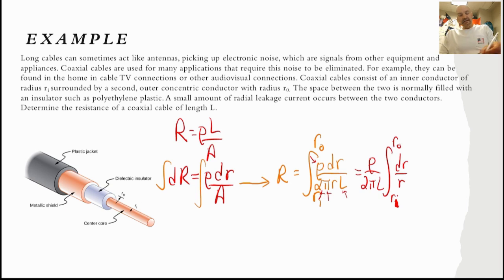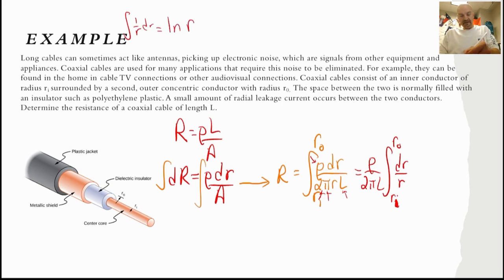Now, dr over r is the integral of 1 over r dr. If you use the power rule, you'll get infinity, because you have 1 minus 1, which is 0, and that isn't helpful. But on the formula sheet, you'll see that the integral of 1 over r dr is simply the natural log of r.